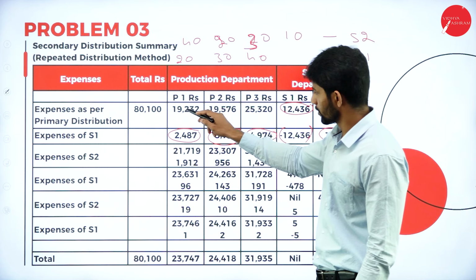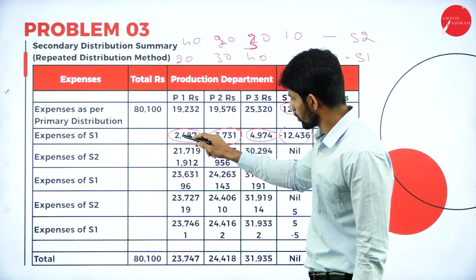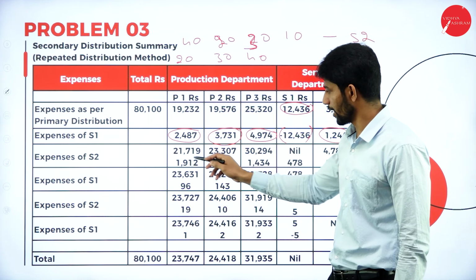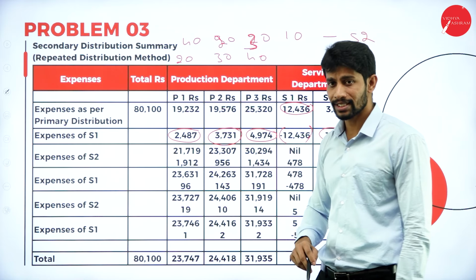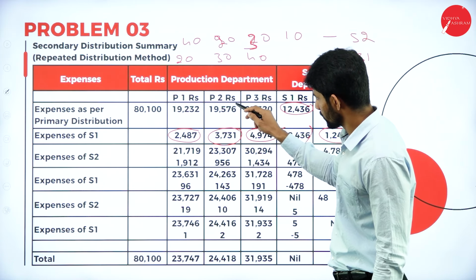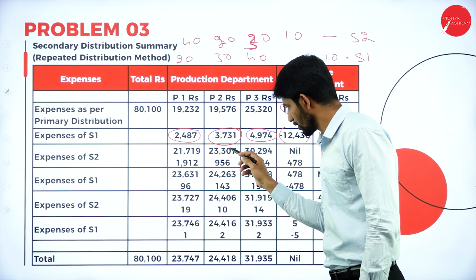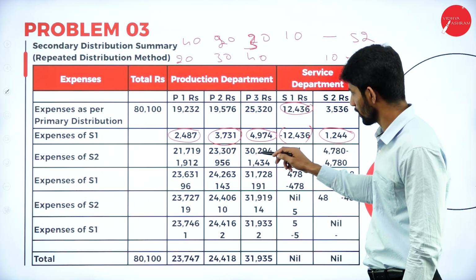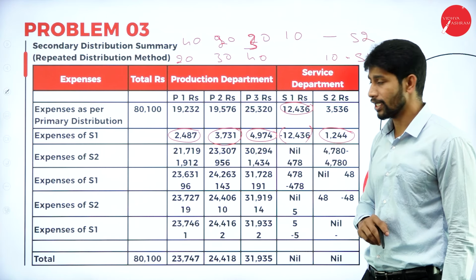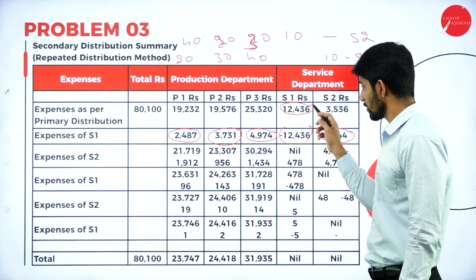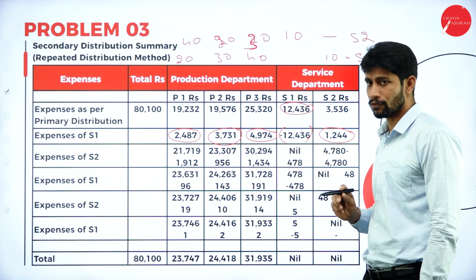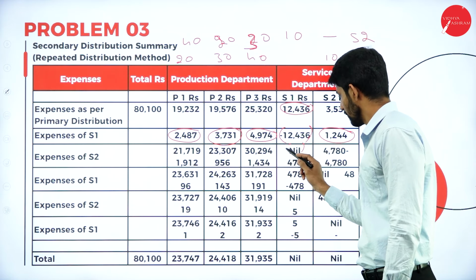So now total this 19,232 plus 2,487. You will get 21,719. Next, 19,576 plus 3,731, you will get 23,307. Again, total these two, you will get 30,294. Here, 12,436 minus 12,436, you will get nil. Correct?